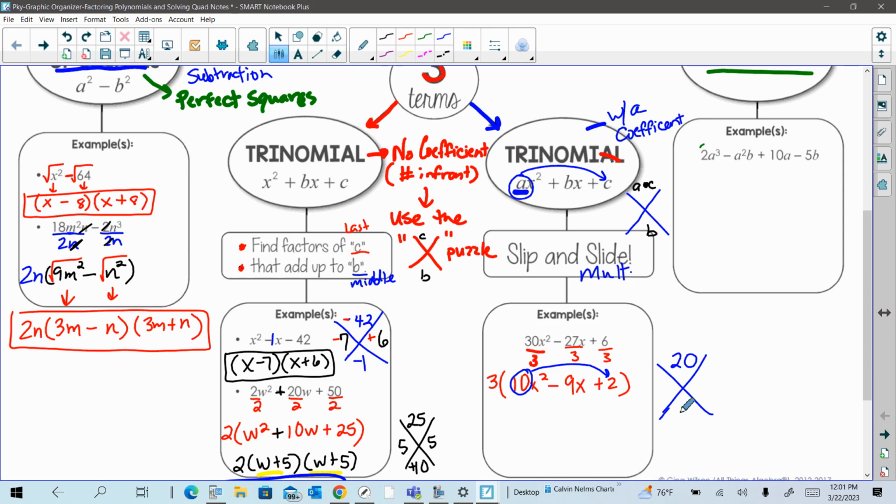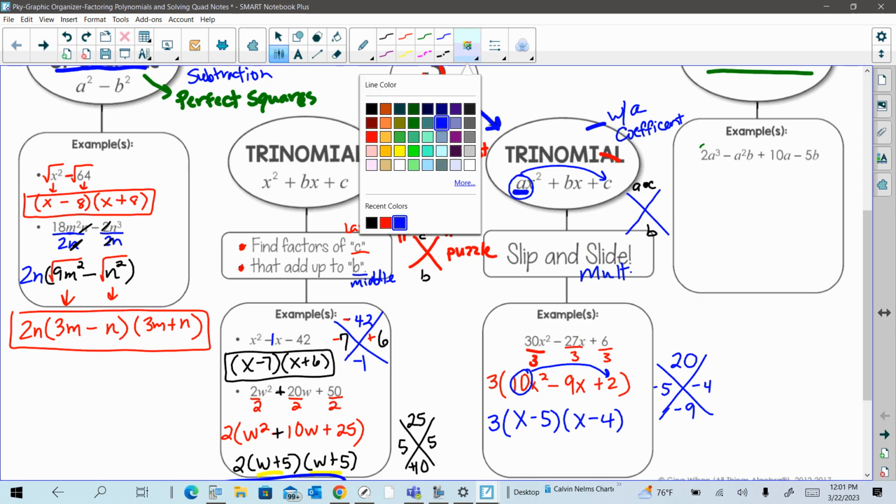So looking at factors of 20 with the sum of negative 9, well, that would be negative 5 and negative 4. So I keep the 3 outside the parentheses. We have x minus 5 and x minus 4.